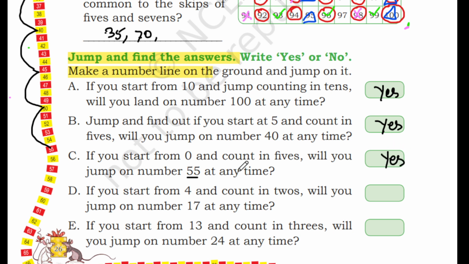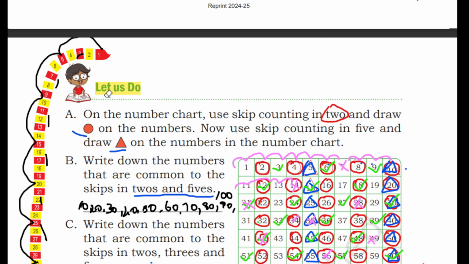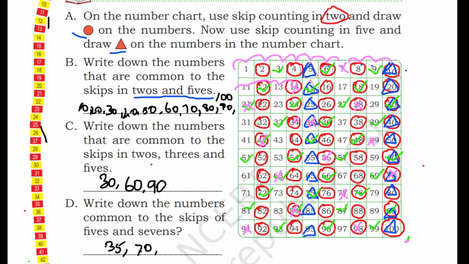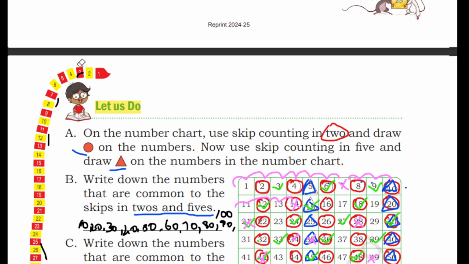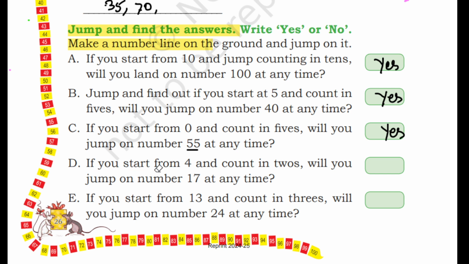Okay. So the next question. If you start from number 4 and count in twos, will you jump on number 17? Okay, now let's erase all these. Okay, now we need to jump two numbers, right? So the question again is, if you start from number 4 and count in twos, will you jump on number 17?